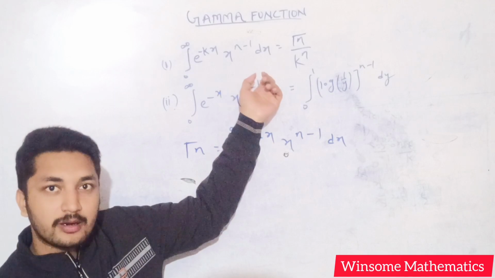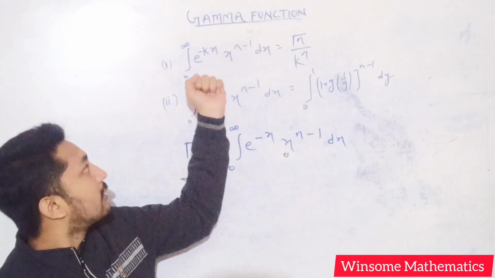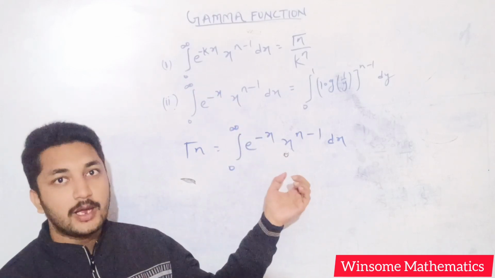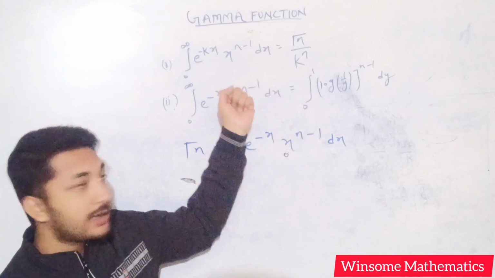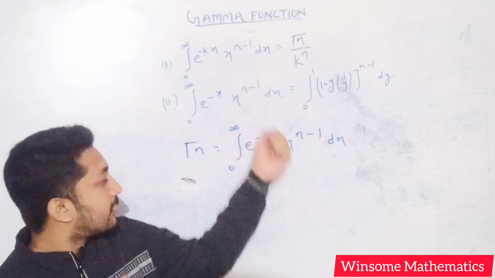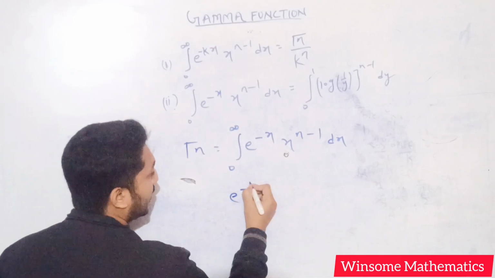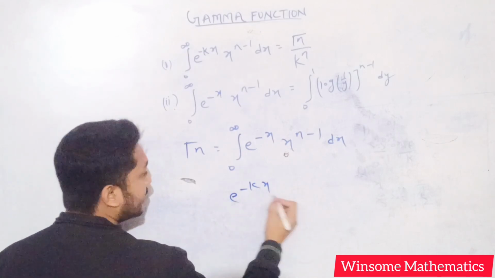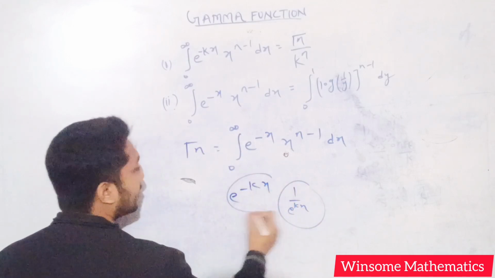And what is k here? k is the constant here. k is not a variable. So something is changing in the power of e. Why is it so? Because this is under integration, this is not like multiplication. In multiplication we could simply write 1 upon e to the power kx, as it is a single term.